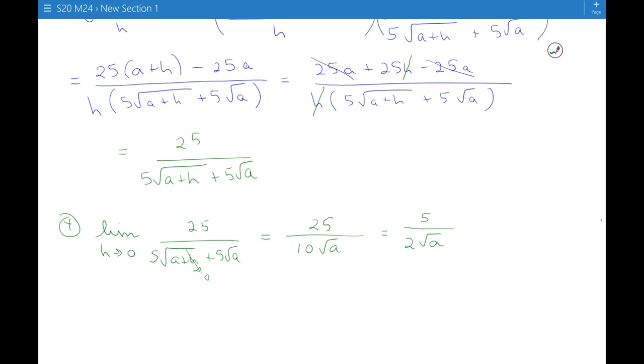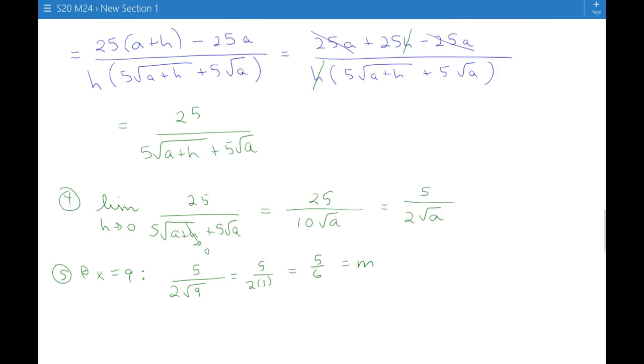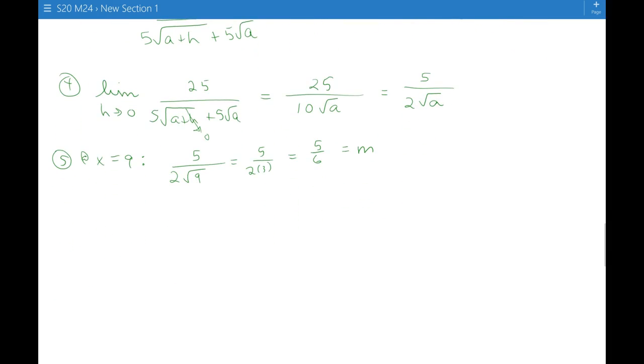So in this problem, we want to know what's going on at x equals 9. So we're going to have 5 over 2 square root of 9, 5 over 2 times 3. So 5/6 is m, the slope of the tangent line. Then I need to find the y-coordinate of the point when x equals 9.